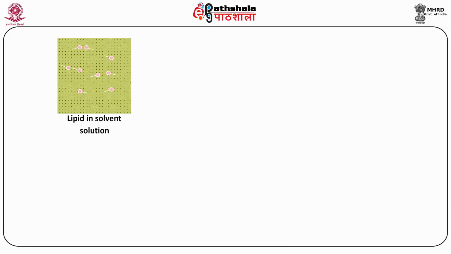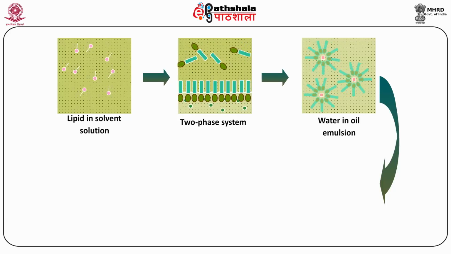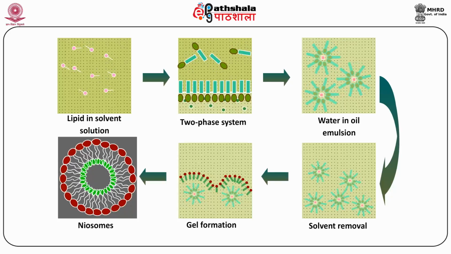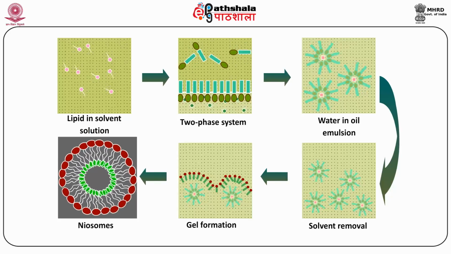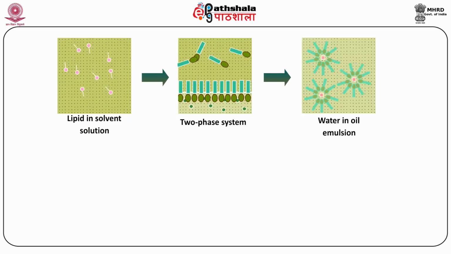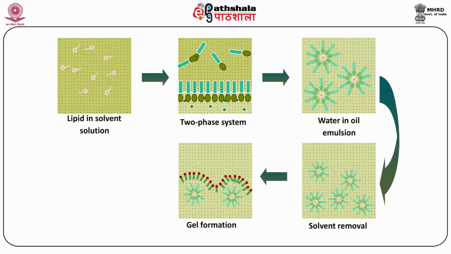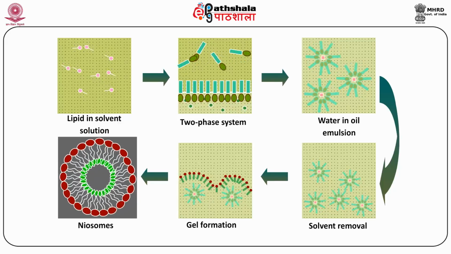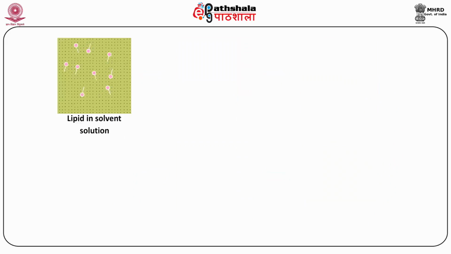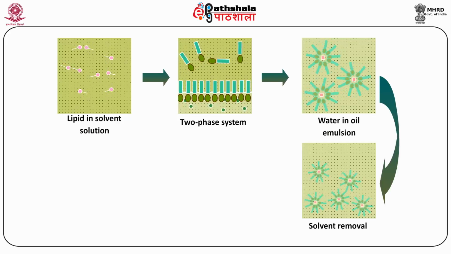As you can see in this slide, the preparation of neosomes by reverse phase is indicated. First, we take the lipid, the cholesterol and surfactant dissolved in the organic solvent. Then the aqueous phase containing the drug is added. The second diagram indicates the formation of two phases in such a way that a water in oil emulsion is formed.